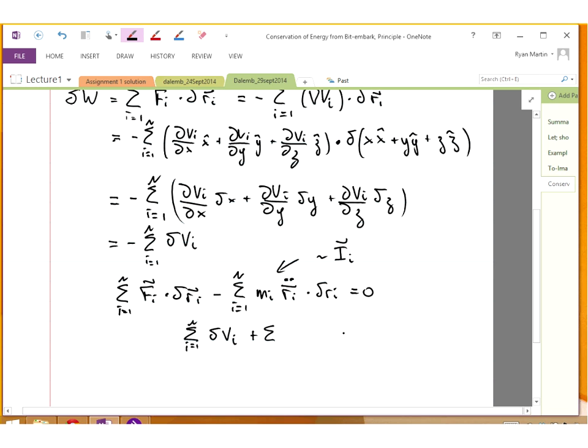The minus sign disappeared because there's a minus sign in front of the delta V_i at the top here. Since it's equal to 0, I'm free to choose whatever sign I want, so I might as well make both positive. Let me highlight that. It might not be obvious when you follow it in the notes.